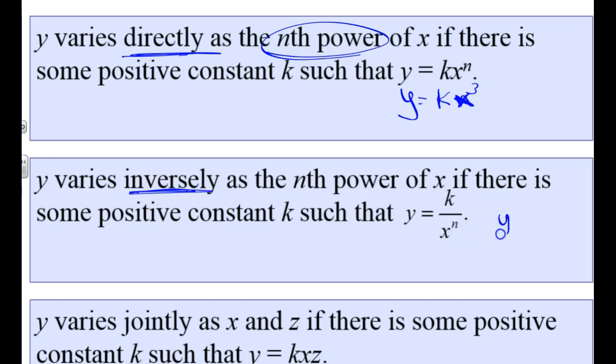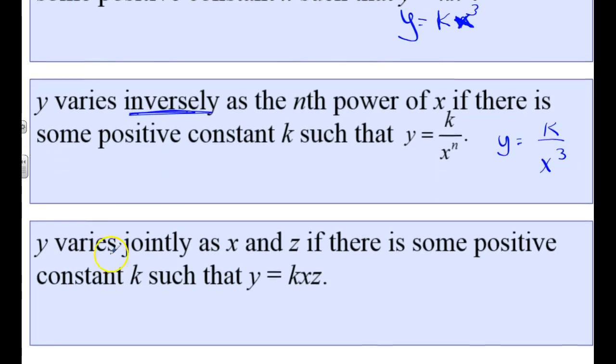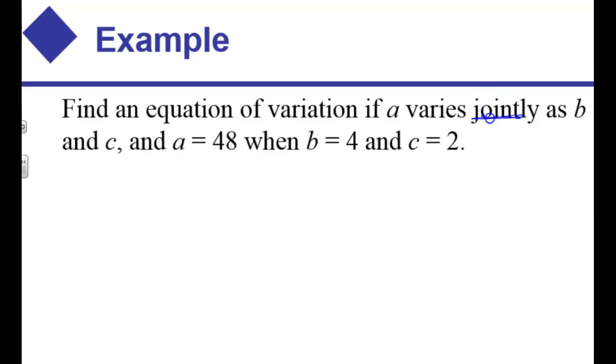So y varies inversely with the third power of x. Now what I haven't talked about is the last one called varies jointly. And jointly just means I've got several different variables going on. Maybe y varies jointly with x and z. So we're going to start looking at some varies jointly examples, which means it could have direct and inverse all in the same problem.